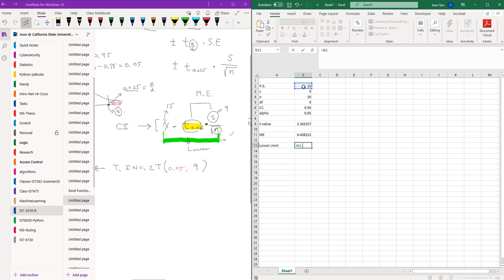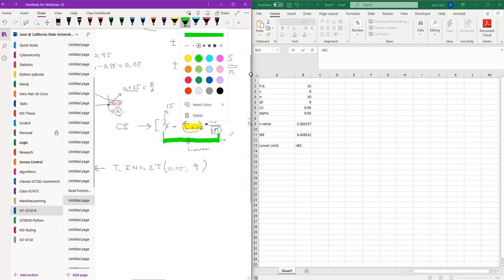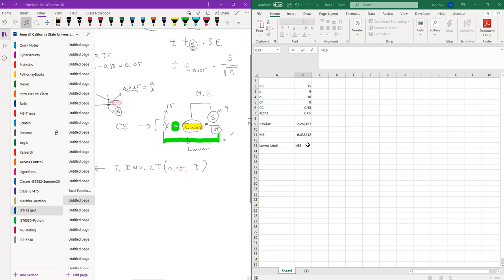I have to put a minus. So x bar minus my margin of error, which is this guy. That's how you can find the lower limit.